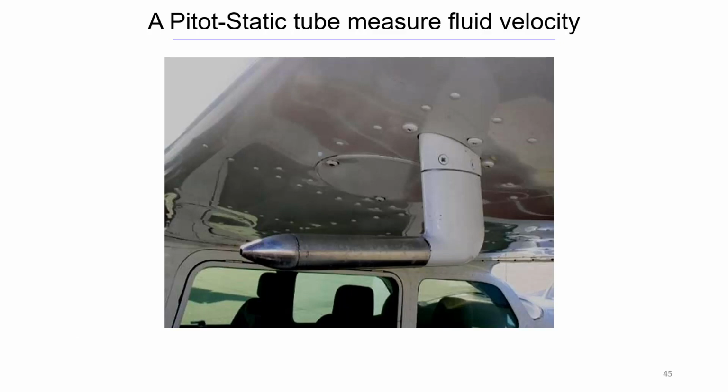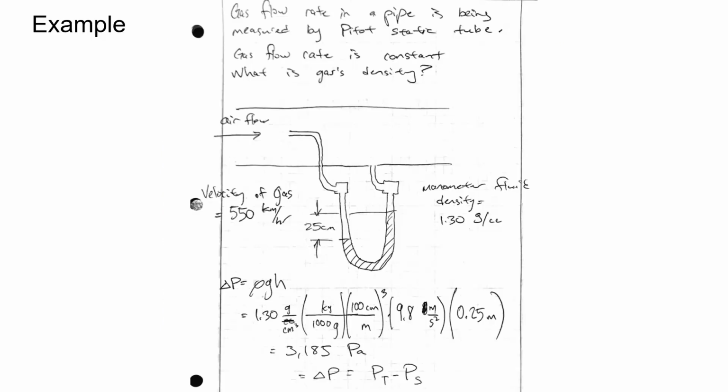An example of that, or first I guess we'll show, this is just a pitot-static tube on an airplane. Here's the example. So if the gas flow rate in a pipe is being measured by a pitot-static tube, the gas flow rate is constant. What is the gas's density?